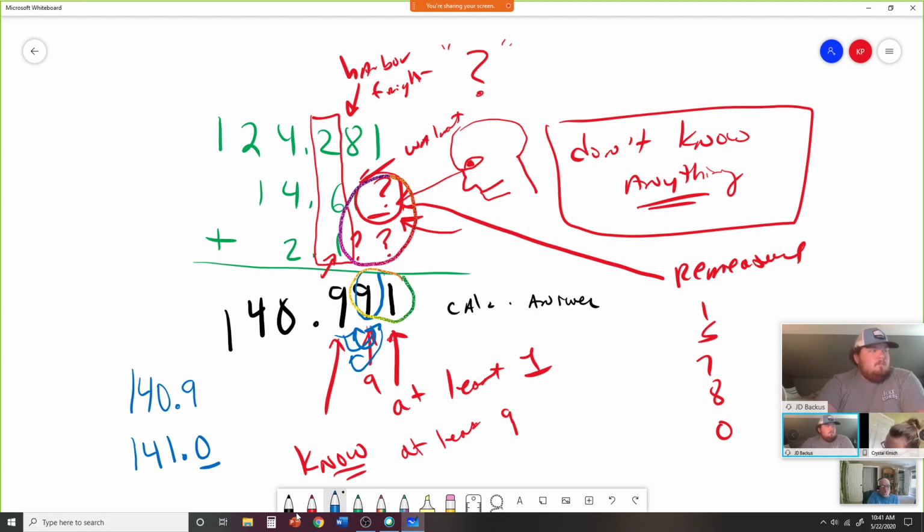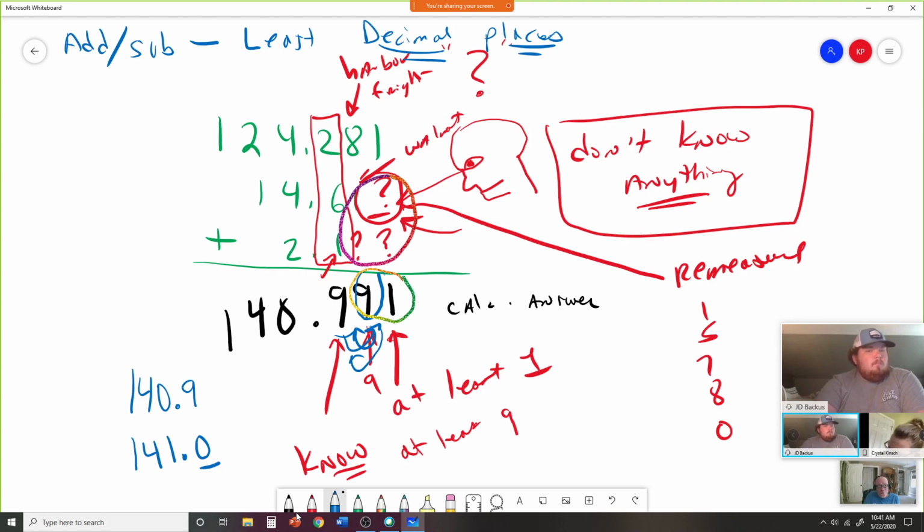So what is the rule for addition and subtraction? Based on this, for addition and subtraction, you go by least decimal places. Not least significant figures, least decimals.